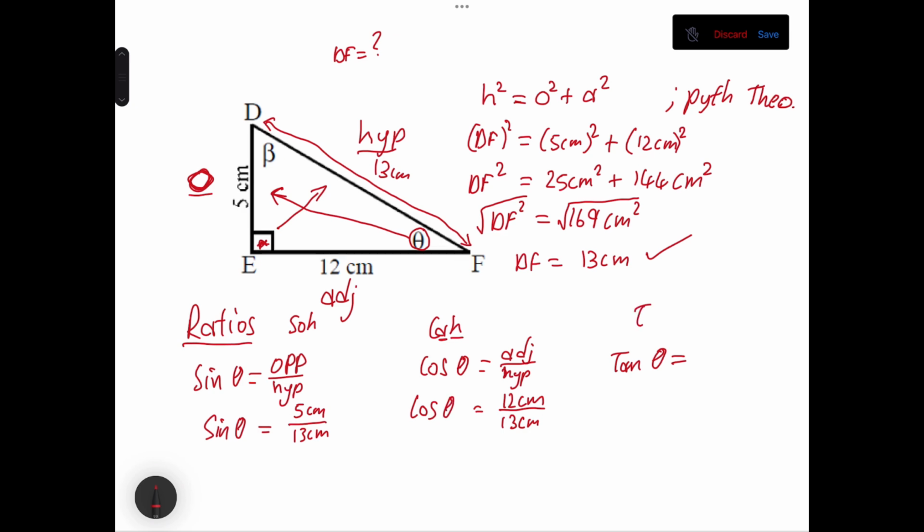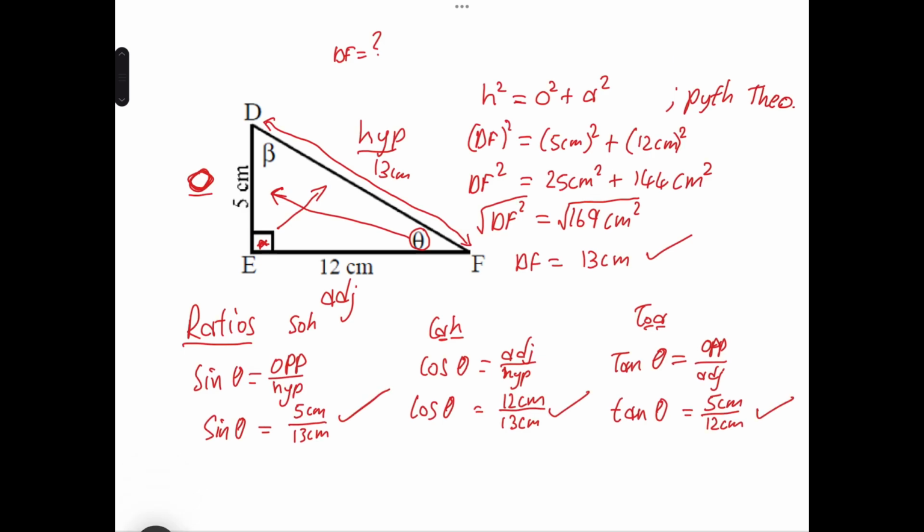Now we go to our last one, which is TOA. O is for opposite, and A is for adjacent. Therefore tan theta equals 5 centimeters over 12 centimeters. That's how you remember it: SOH CAH TOA, and you will never get the ratios wrong again.